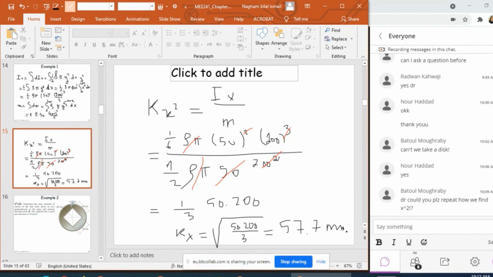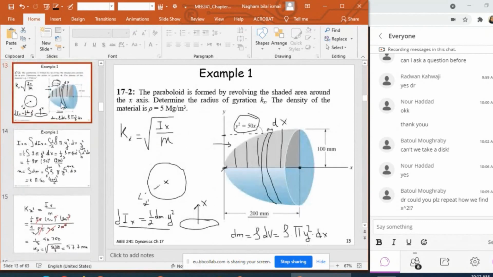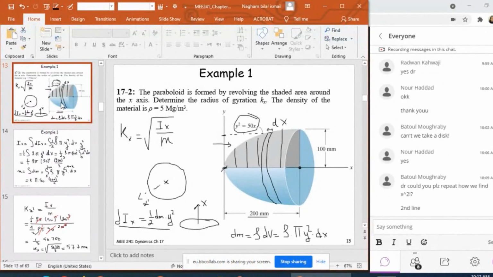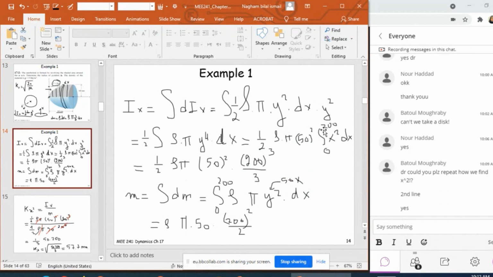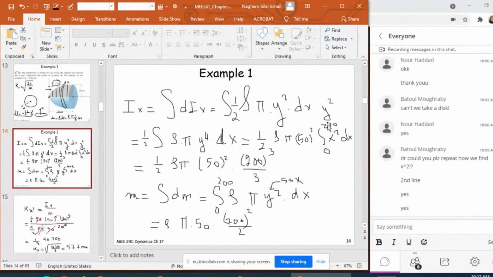Okay, any questions? Batul, could you please repeat how we find x squared? What x squared do you mean, Batul? Second line here? You mean the boundaries of x?